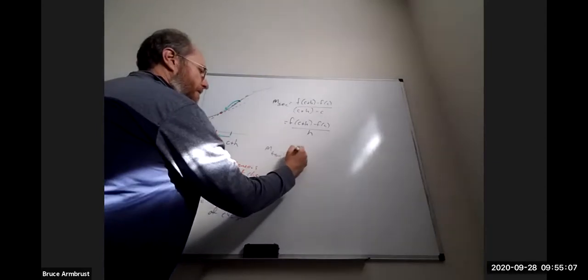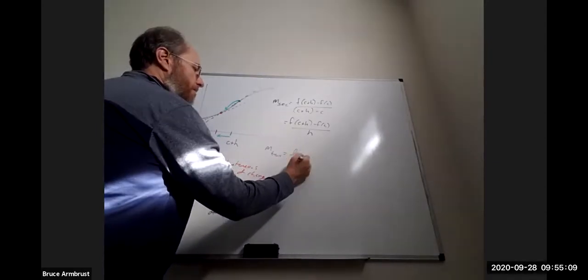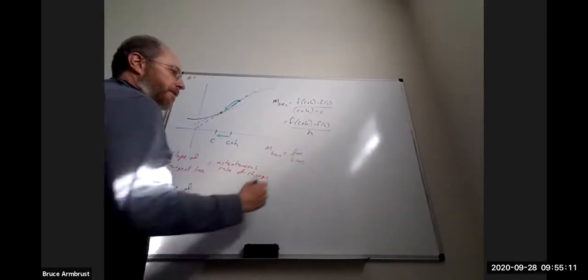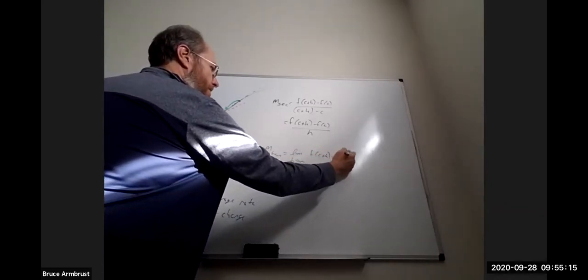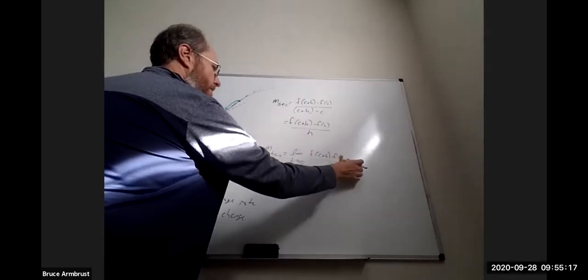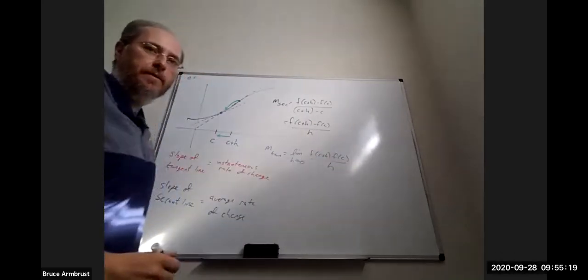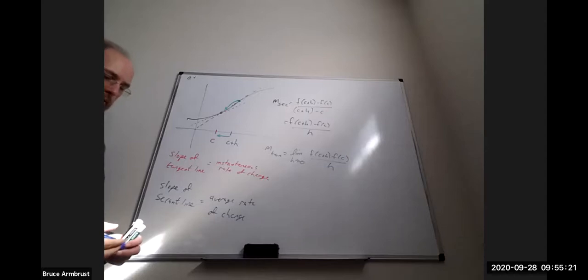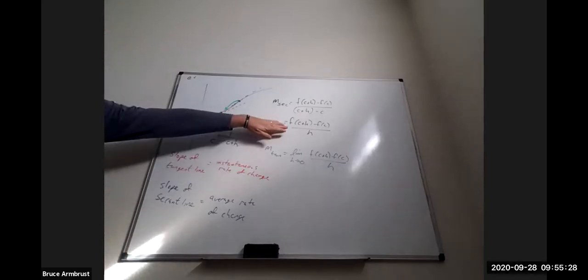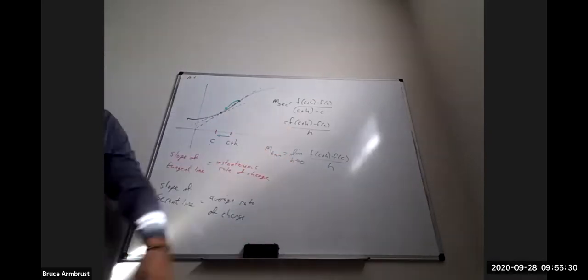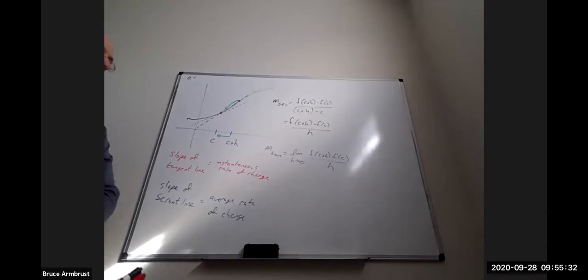So what I'm going to do is take the limit as h goes to 0 of this value. And hopefully you can see that through the glare. It's the exact same fraction that I had up above. I'm just now taking a limit as h goes to 0.